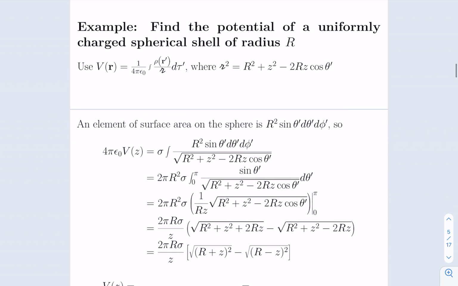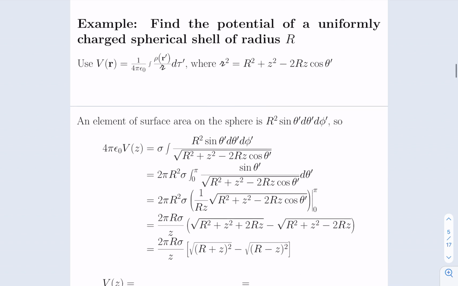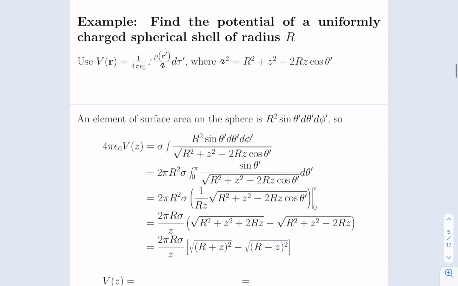Okay. Now let's try to look at an example, which is to find the potential of a uniformly charged sphere of radius r.